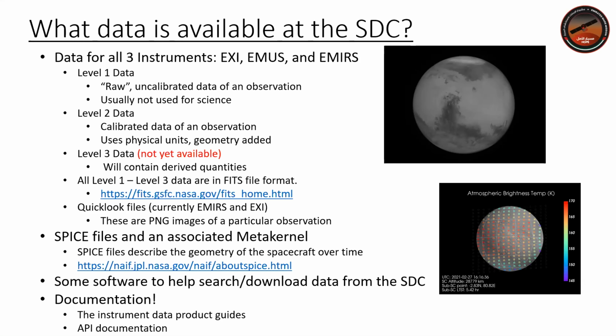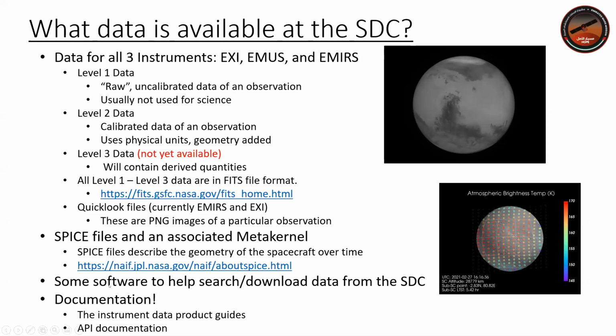The SPICE files are a whole library that's developed by JPL. There's a link here to get you started on SPICE if you don't know much about it. But that being said, it shouldn't be super necessary to do science because a lot of the position data is located within the science files themselves.